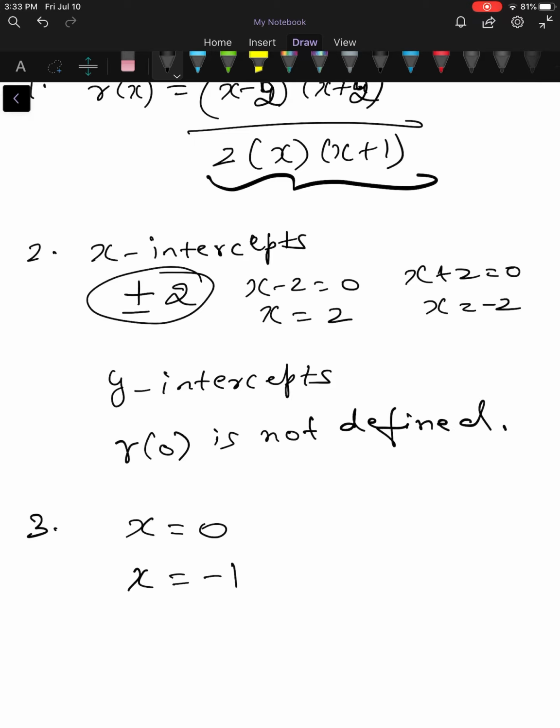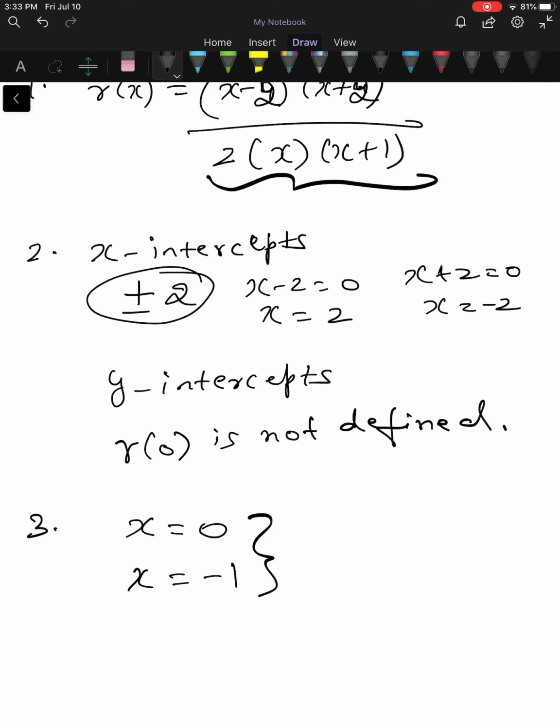But we have to check whether both satisfy the vertical asymptote definition. That is, if x tends towards 0 or towards negative 1 on either side, left side or right side, does y, that is our function, tend towards plus infinity or negative infinity?